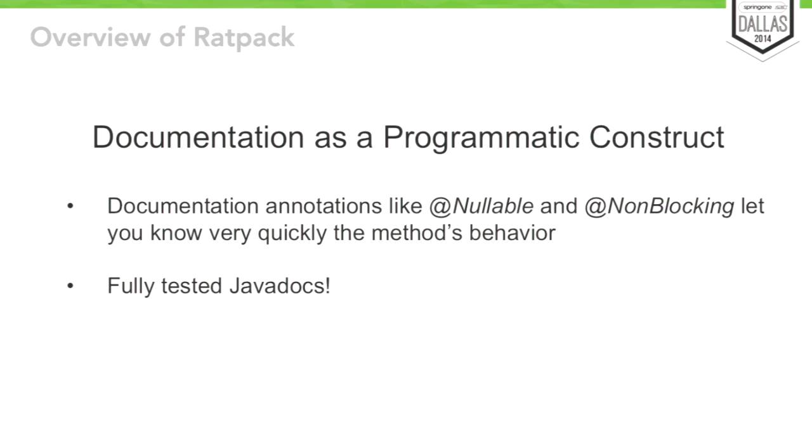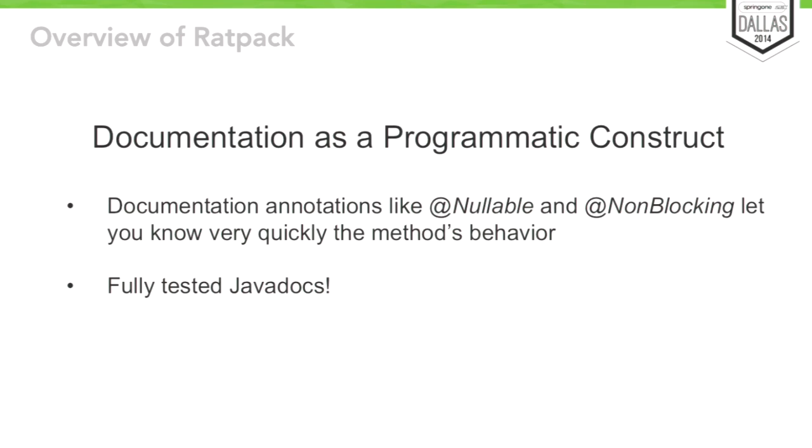Another goal of the framework is documentation, and documentation is, I would say, very far along in Ratpack. Not the user manual so much, not some of the other external documentation, but from within the code, we use documentation annotations like @Nullable and @NonBlocking to let you know very quickly what a method's behavior is going to be, right?